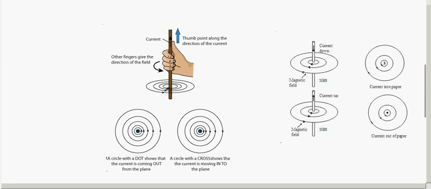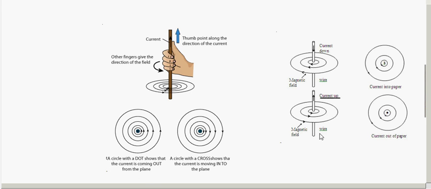Now, in the same figure, let me tell you what the dot and cross indicate. This is the anti-clockwise direction of the field. Here the current is going up. If the current is up, we show it by a dot. The circle with the dot shows that the current is coming out of the plane.